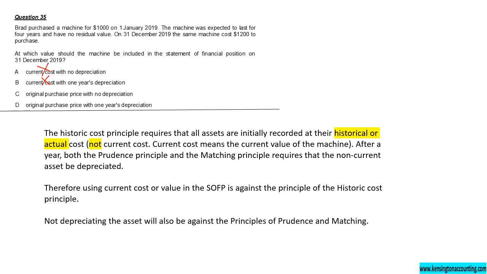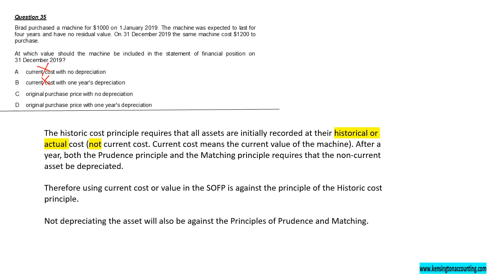Now, both the prudence principle and the matching principle require that non-current assets be depreciated. The prudence principle requires that a non-current asset, if it has lost value, then that loss in value should be reflected in its value shown in the balance sheet.